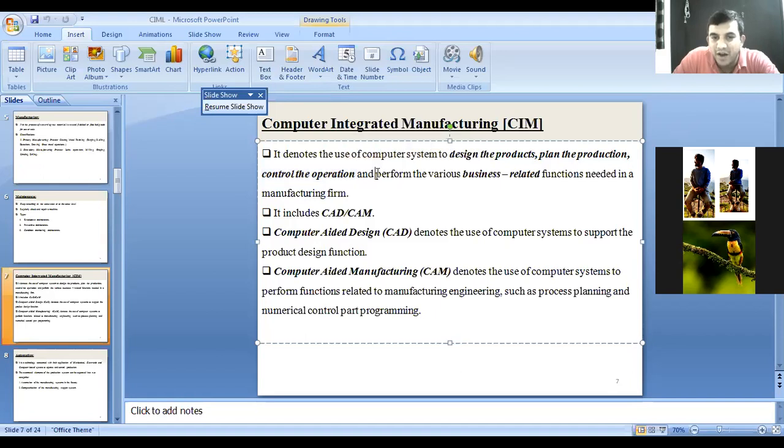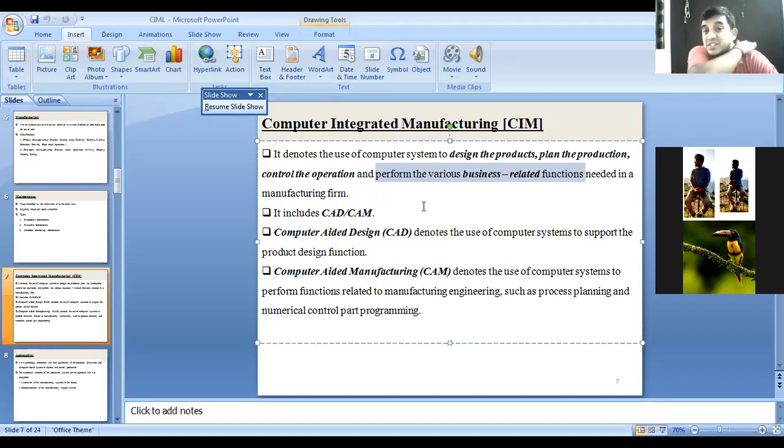After that, you perform the various business related functions needed in the manufacturing firm. Business related means once you manufacture a component, how you send it to the market and sell it.